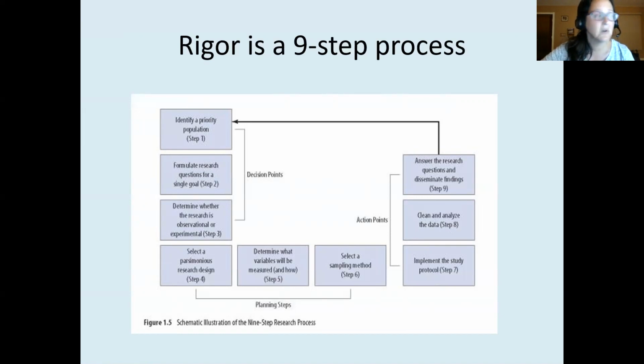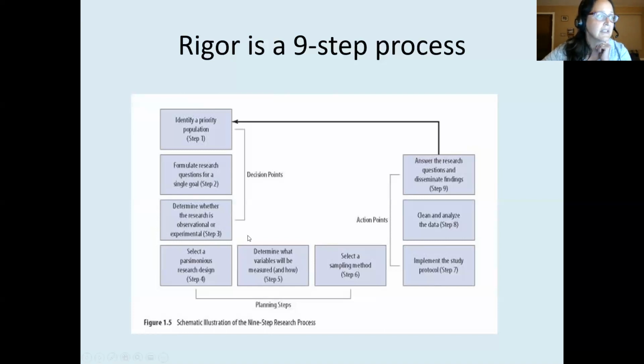So for example, are you going to be using quantitative or qualitative research? Is it going to be observational or experimental? So those are also going to be key decision points. And again, as we go through the semester, we'll zone in on each of those things.